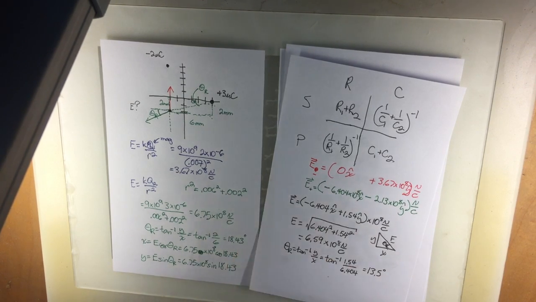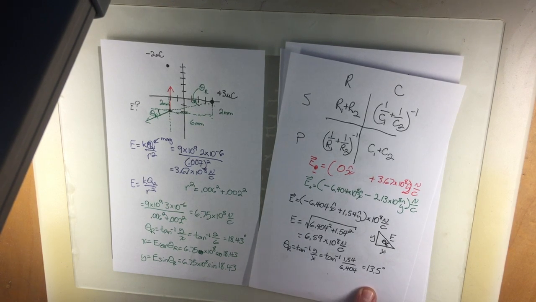13.5 degrees. Now in the previous class we were doing a vector addition problem, and at this point I just smacked down 6.59 times 10 to the 8th at 13.5. That's wrong. Why? Because it's a second quadrant angle and this is just a reference angle.